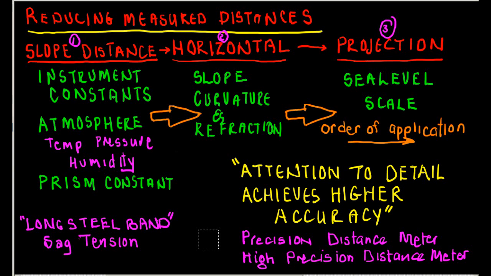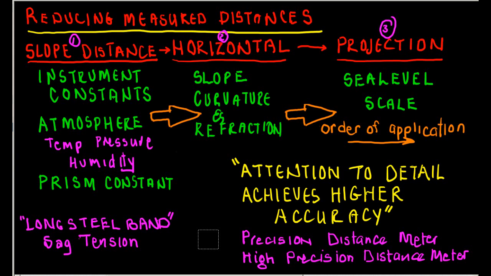Now once we've got the slope distance, we then move on to reducing the slope distance to a horizontal distance. And to do this, essentially there are 2 corrections. One is for the slope itself, which is just a straight trigonometrical relationship between the slope angle and the slope distance, reducing that to the horizontal.